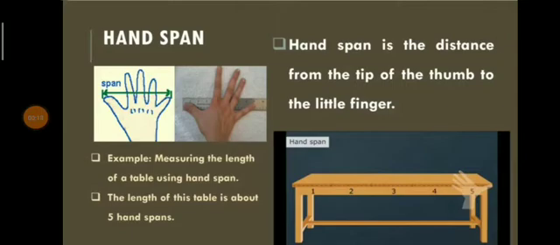Handspan. Handspan is the distance from the tip of the thumb to the little finger. Example, let us measure the length of a table using handspan. As you can see in the picture, the length of this table is about 5 handspans.